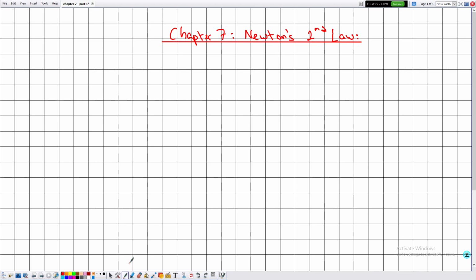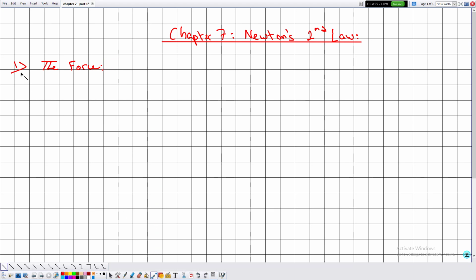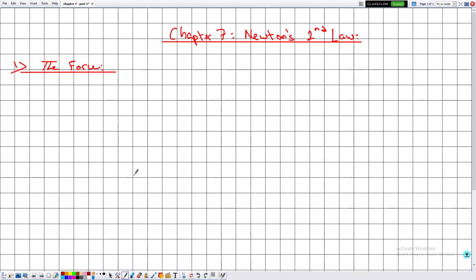Let me directly start with the first section, which is section number 1, the force. As we mentioned previously, the force is a mechanical action exerted by a body on another.